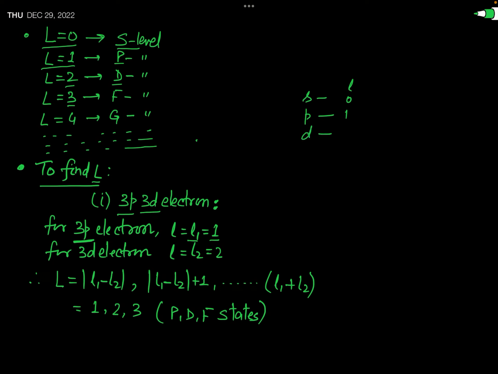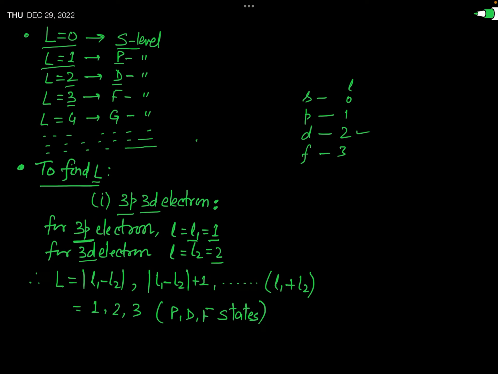For d electron, orbital quantum number is 2. And for f electron, it is 3. And thus, for 3p electron, l will be equal to 1, and I have denoted it by l1. And for 3d electron, for d electron l is 2, so l2 is equal to 2.